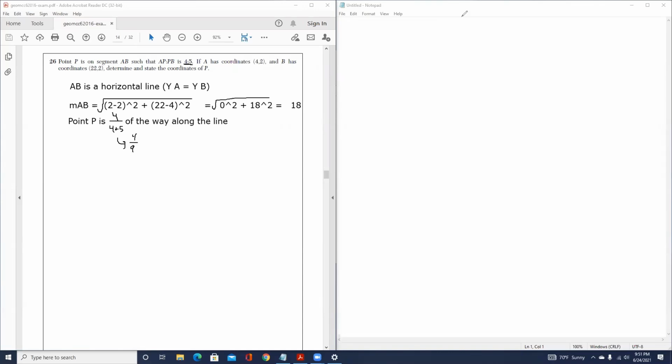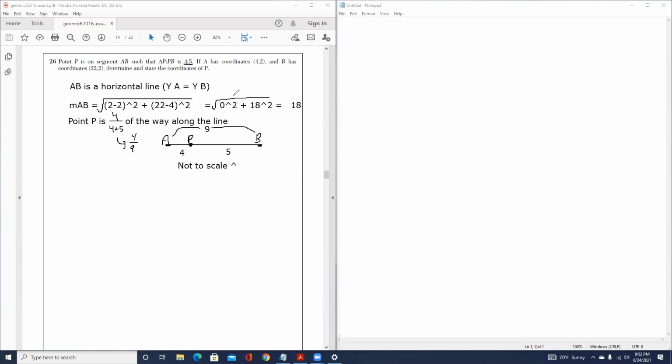Let's just represent this visually really quickly. Keep in mind that this is not to scale. If this length is 4 and this length is 5, so AP is 4, PB is 5, then the length of the entire line will be 9.